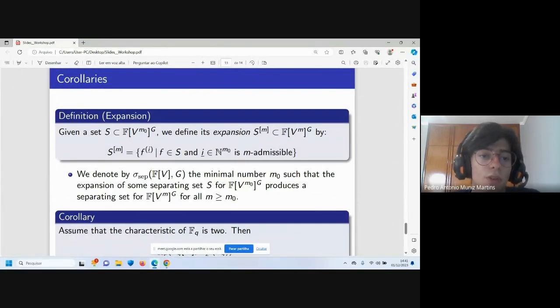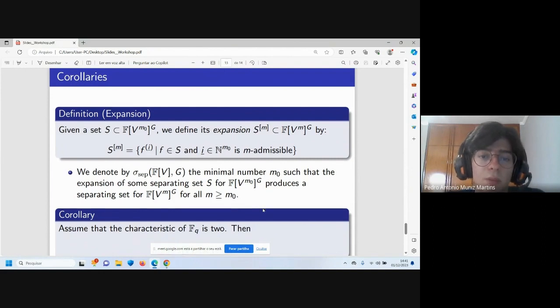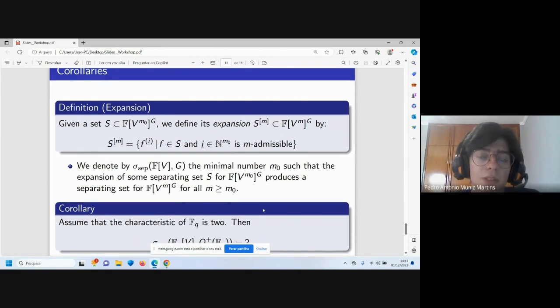And let me refresh the definition of sigma sep. The sigma sep is the minimal number m0 such that this expansion of some separating set S produces a separating set for our new invariant algebra with more copies of the space.